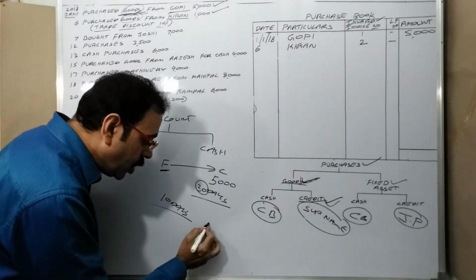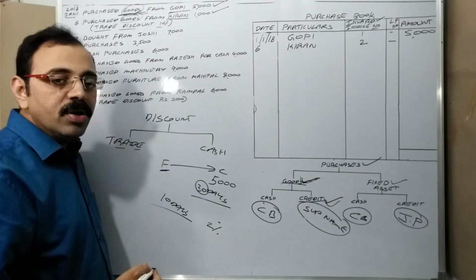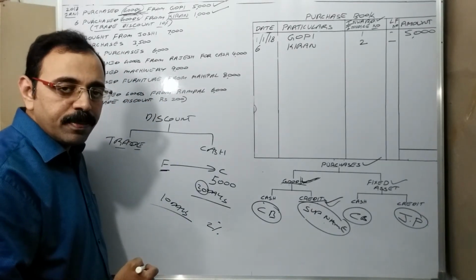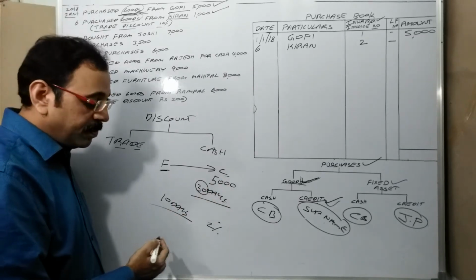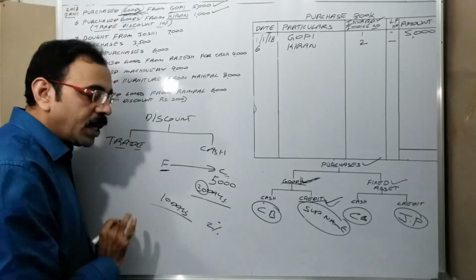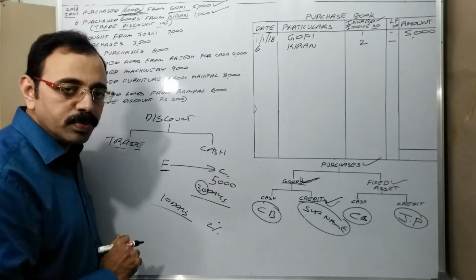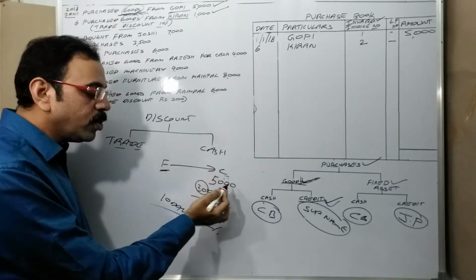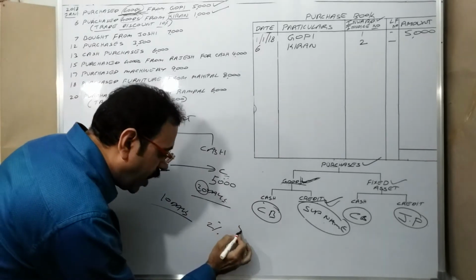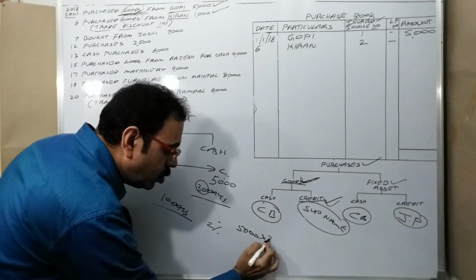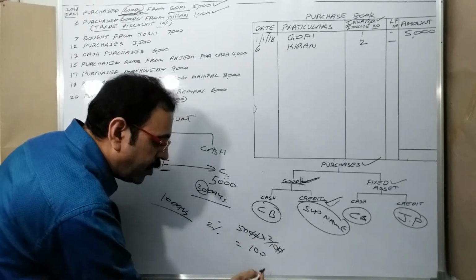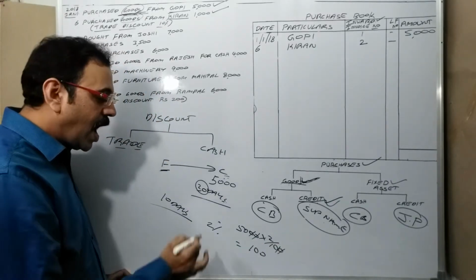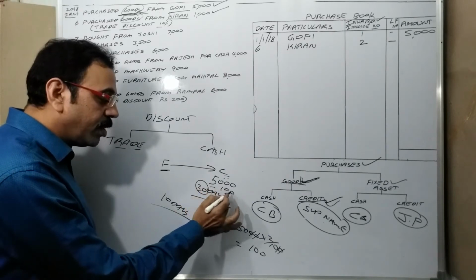For example, 2% discount we are ready to give. Then assume customer is having the money. Then he wants to pay that amount, he wants to clear off the due. Then he need not pay total 5,000 rupees. 5,000 rupee into 2% will be 100 rupees. Then 100 rupee will be deducted from this.